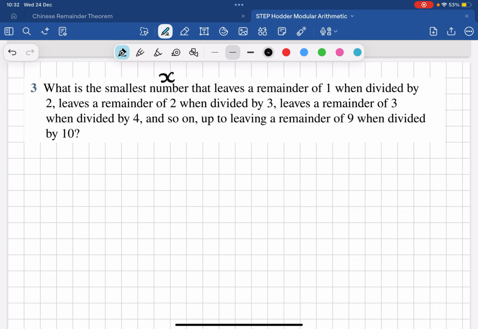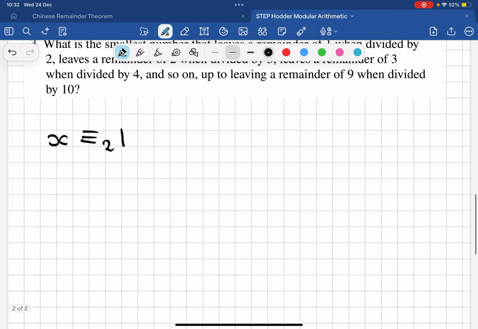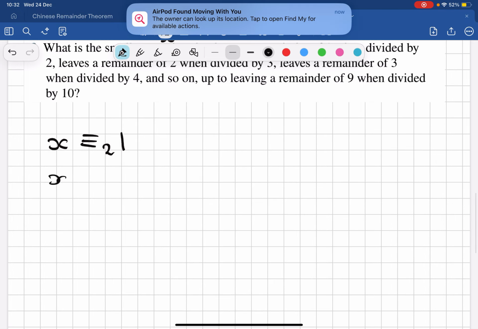And in terms of modular arithmetic, we can say x is congruent to 1 mod 2, since when divided by 2 it leaves a remainder of 1.